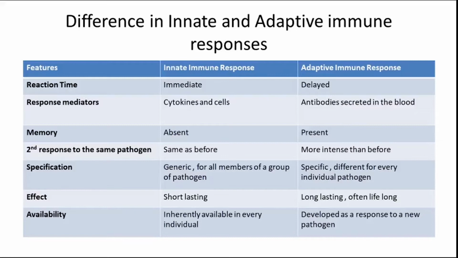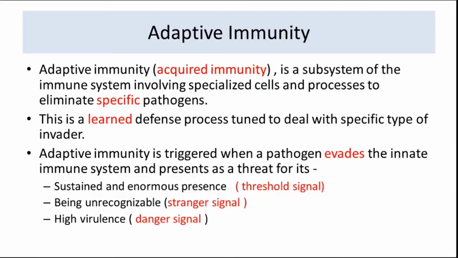So this is inherently available in every individual, whereas the adaptive immune response has to be learned, or rather is developed as a response to a new pathogen to which you are exposed during your lifetime. So these are the differences between the innate and adaptive immune responses.